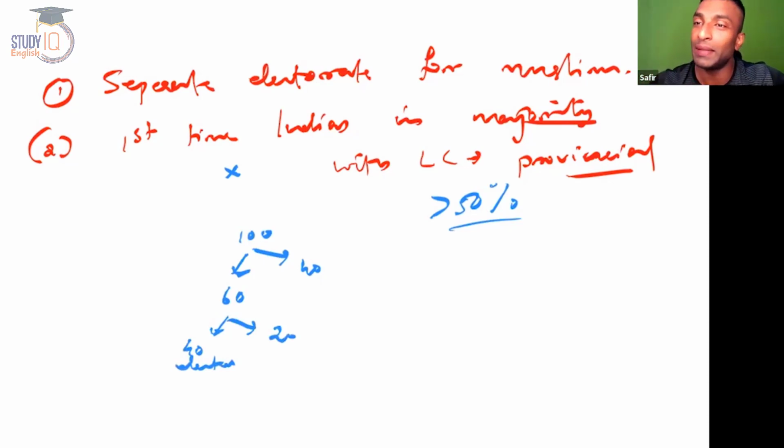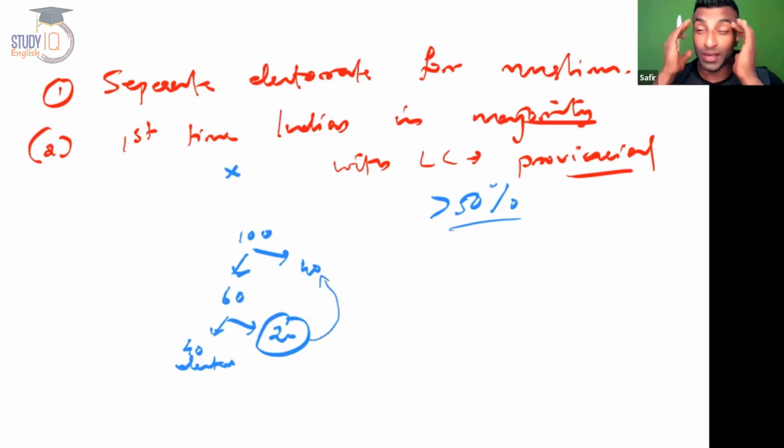Now, who is nominating them? It is the British who is nominating them. So to whom they will be loyal? They will be loyal to the British. So this 20 will be with them actually. This 20 will not be with the elected Indians. What is actually the demand of Congress? Now it has to be very clear to you. Now, at least now, if you're not clear about this, at least now it has to be very clear.